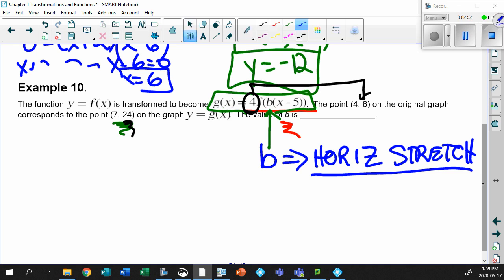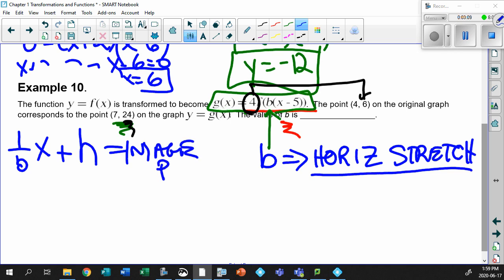You remember that there's a nice little mapping that goes with this. It says every x value has to be multiplied by 1 over b plus some sort of h value, right? That gives us our new point. This is our image point. So start asking yourself some questions. Here's the original.